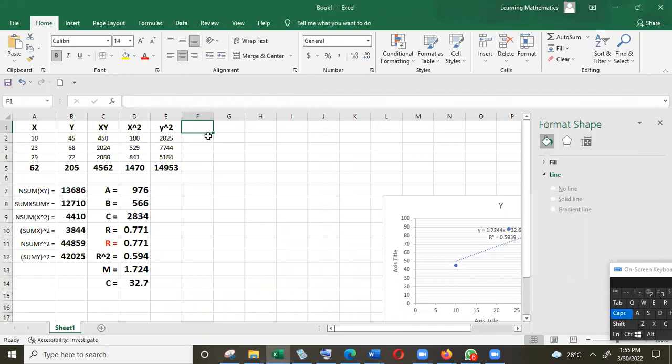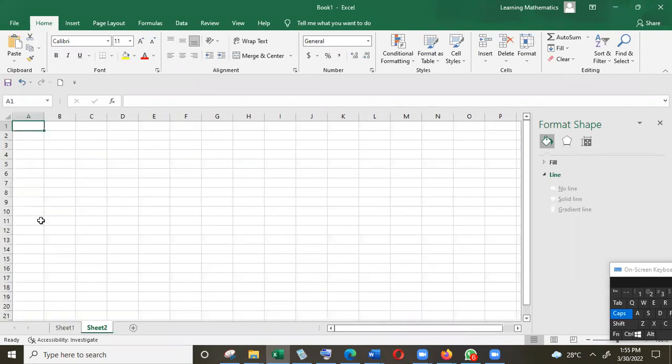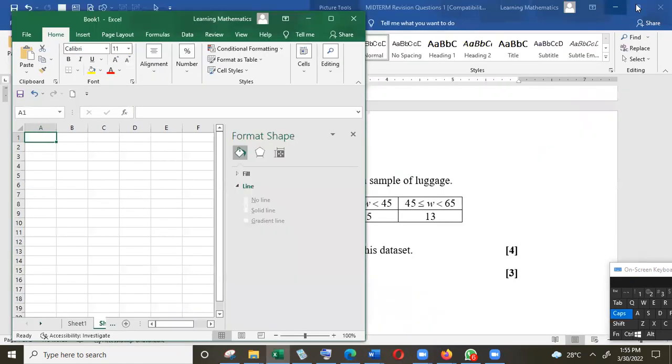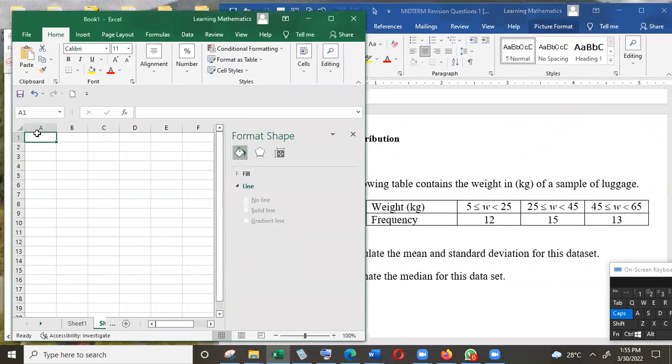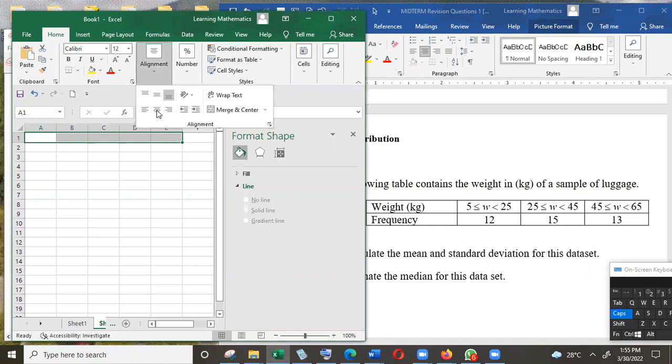We have to create another sheet for these values. Okay, that's a new set of values right there. So we have the lower boundary, the upper boundary, x, fx. Okay, so let's increase this in size. Centralize. Put this in bold.